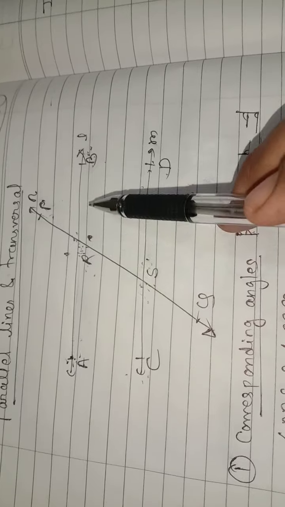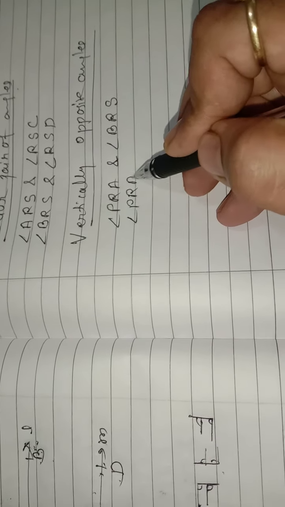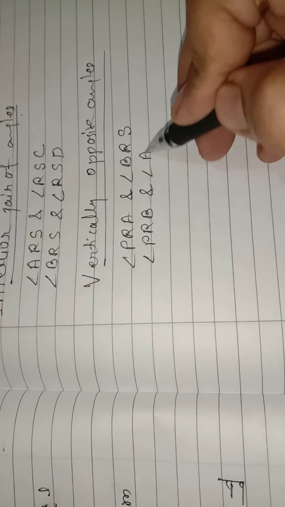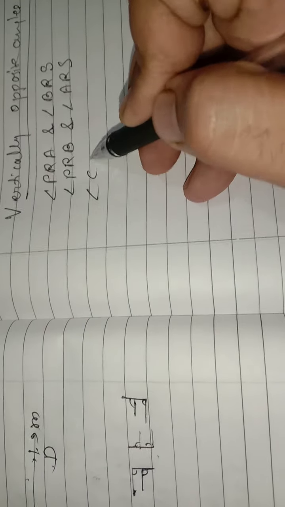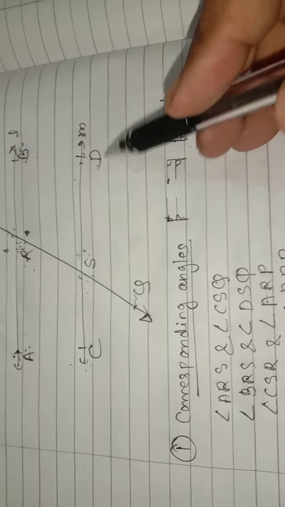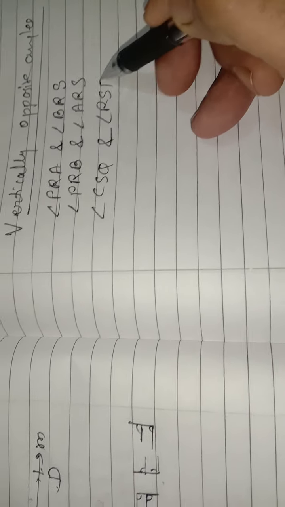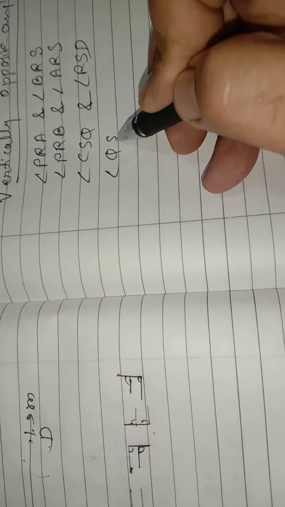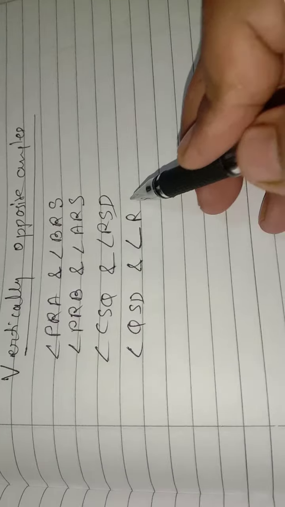Then angle PRB and angle ARS. Then write angle CSQ and RSD. Similarly, angle QSD and angle RSC. Clear? So these are vertically opposite angles.